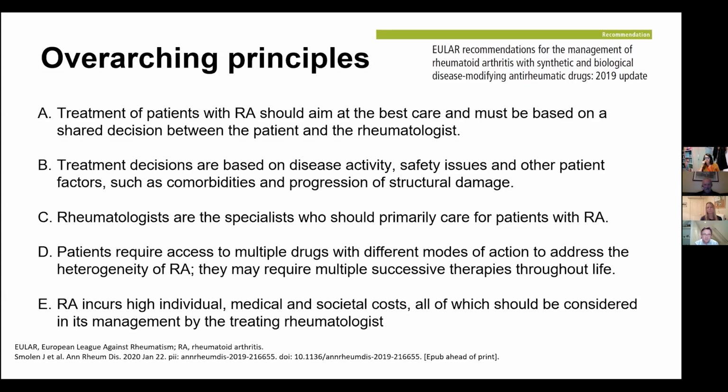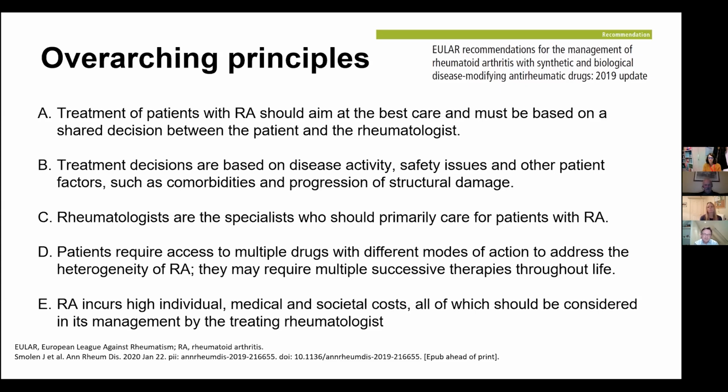So treatment of patients should aim at best care and is based on shared decisions between patients and their specialists, for example. Now, it doesn't have to be these words, but there is a principle about sharing between patients and doctors. There is something about taking into account disease activity, comorbidities, and treatment.